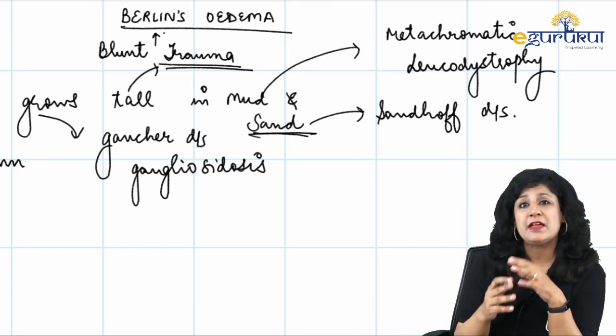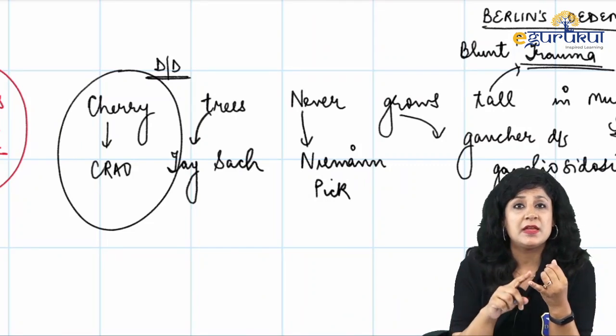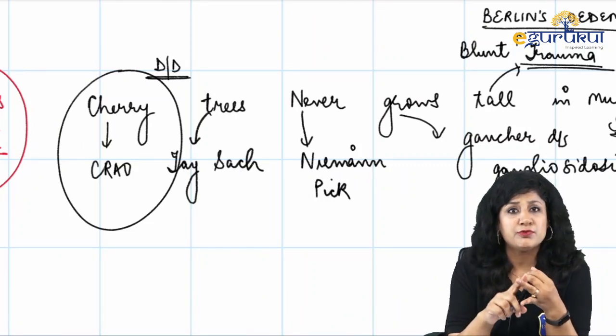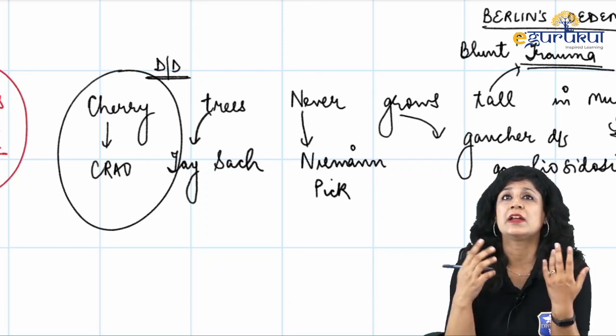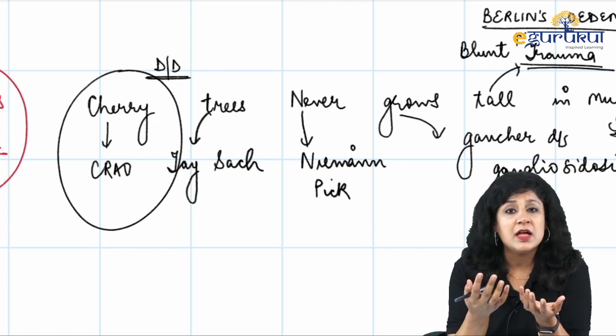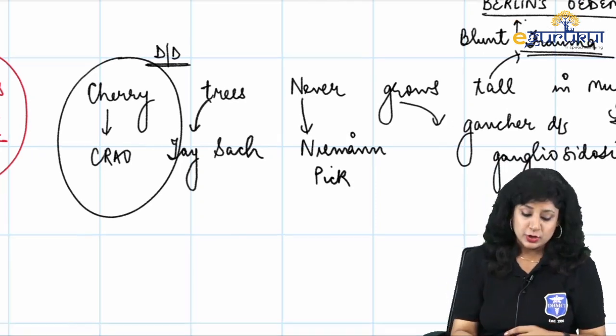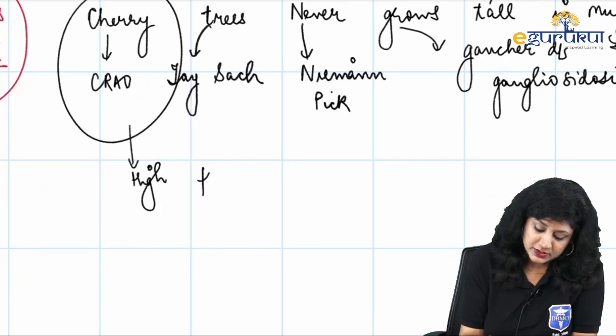But certainly if they are telling you about CRAO, the patient will be a male, mostly more than 50 years of age. You will get the risk factors, hypertension, you will get atherosclerosis, the most common site will be lamina cribrosa, and what you are going to give? You are going to give high flow oxygen.